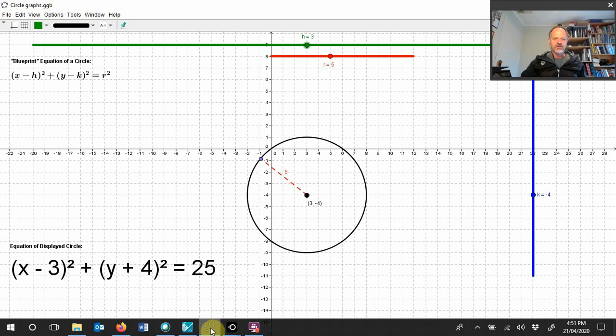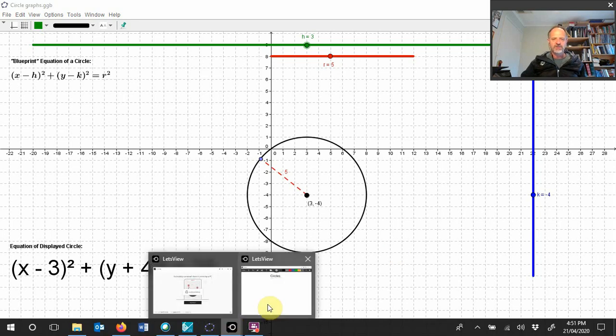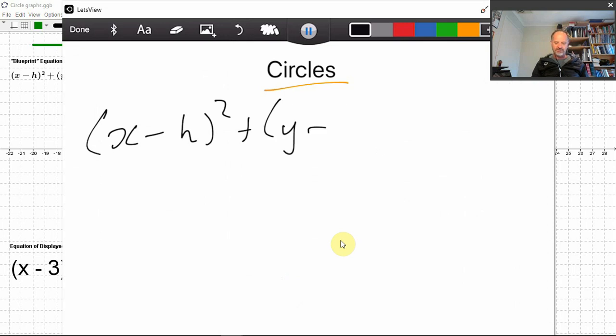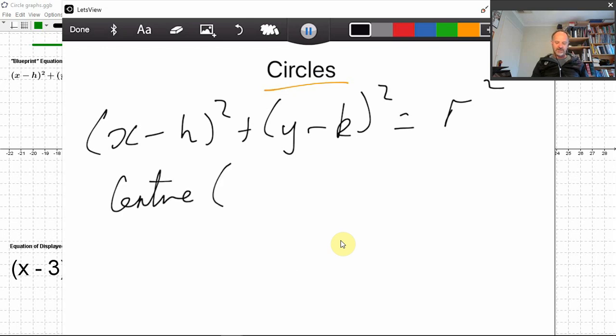So let's go back to here. And so what we can say then is that we've got an equation, which is x minus h squared plus y minus k squared equals the radius squared, where the centre is at h and k, and our radius is r.